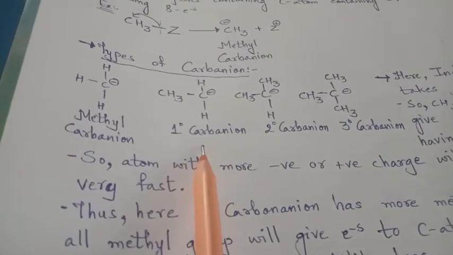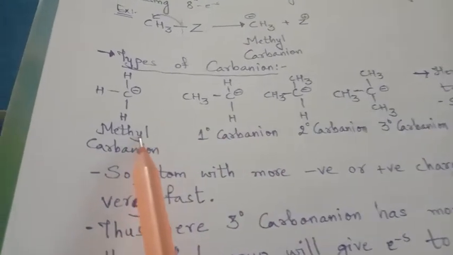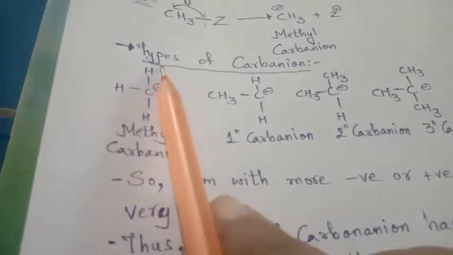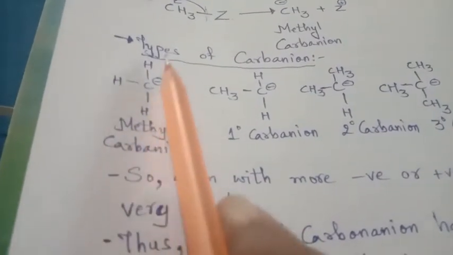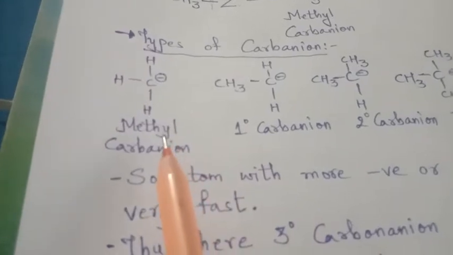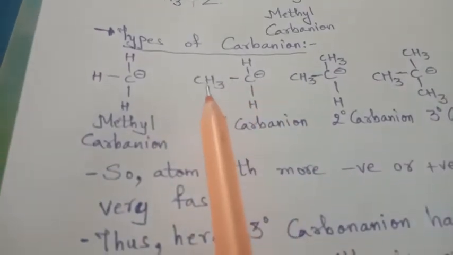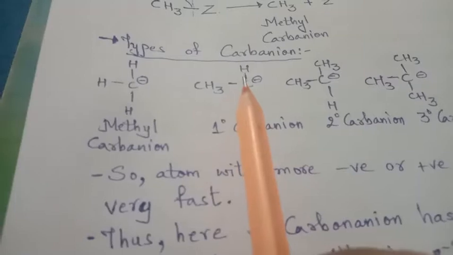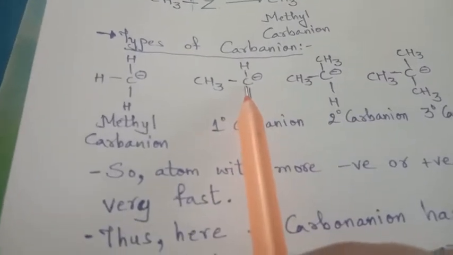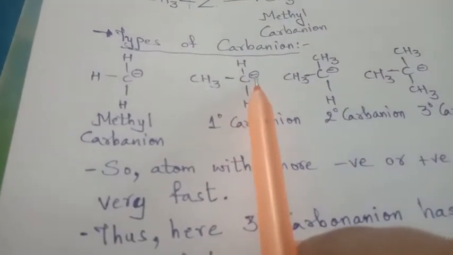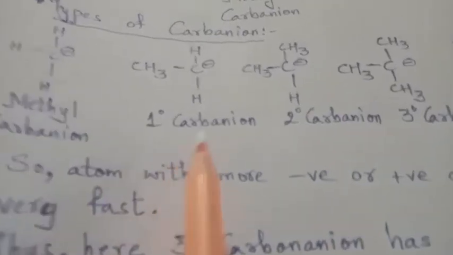As the cation had methyl cation, 1 degree cation, 2 degree, 3 degree, here also we have different types of carbanion. When the methyl group CH3 has a negative charge, it is just methyl carbanion. When a methyl group is attached to one carbon having a negative charge, it is 1 degree carbanion.